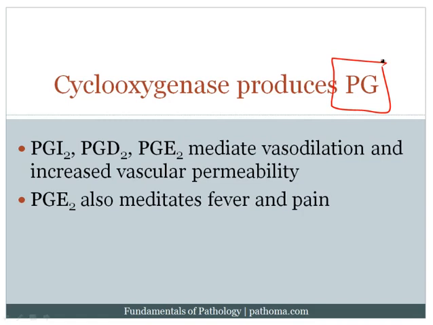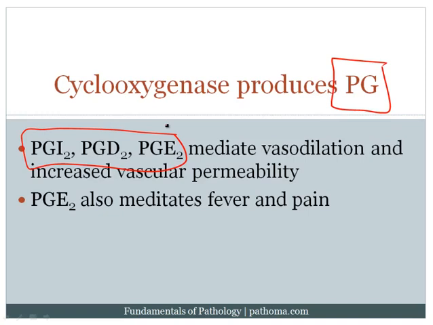And the three key prostaglandins are prostaglandin I2, D2, and then prostaglandin E2. Together, these three, prostaglandin I2, D2, and E2, mediate vasodilation, and they mediate increased vascular permeability. Now, it's important to know that the vasodilation occurs at the level of the arteriole.